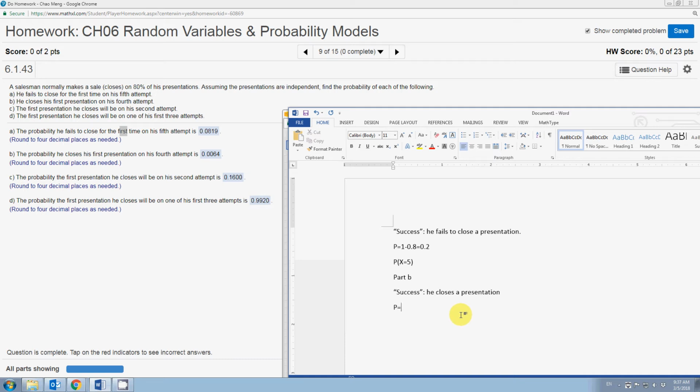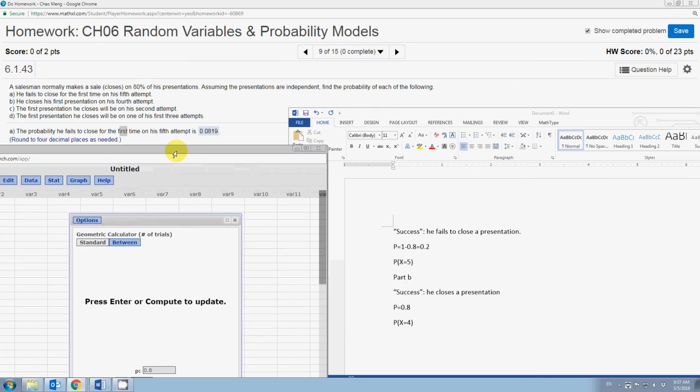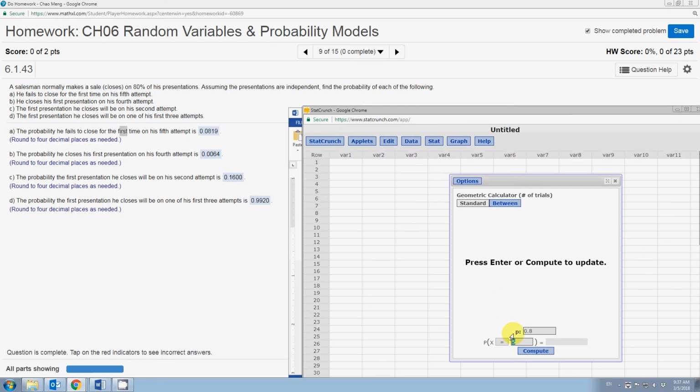Then the probability is 0.8, so there is an 80% chance he will make a deal. The number of trials we want to calculate is 4. Let's go back to StatCrunch. The P is 0.8, the number of trials is 4, and the result is 0.0064.